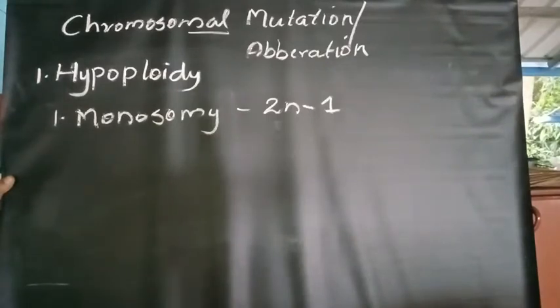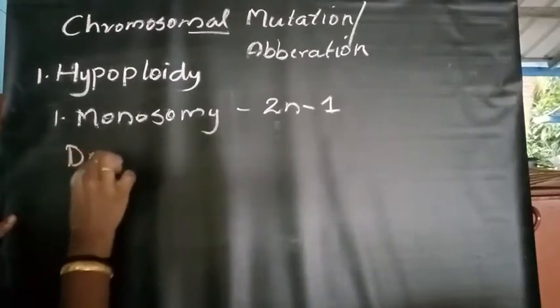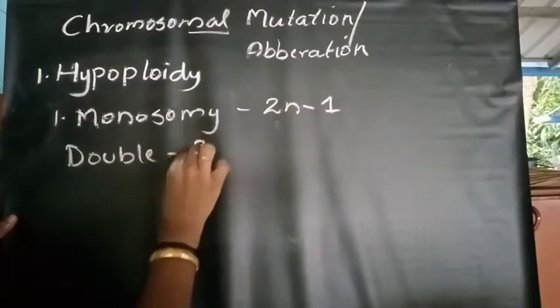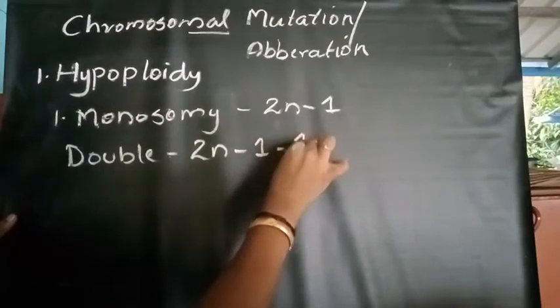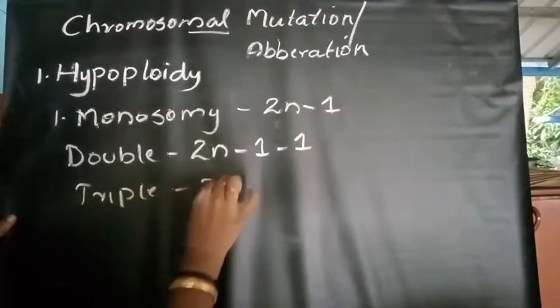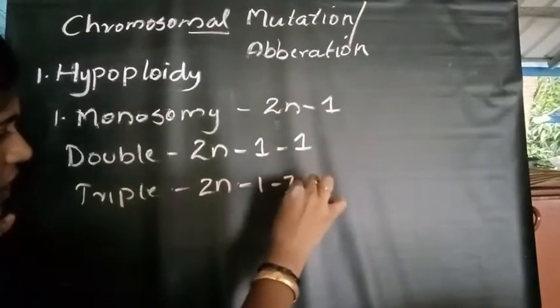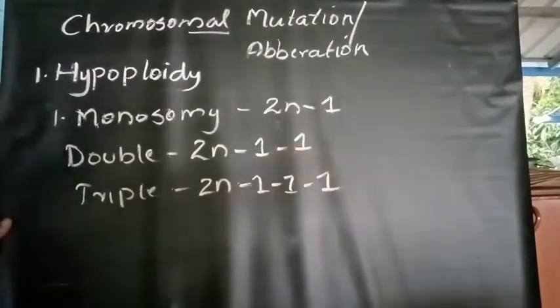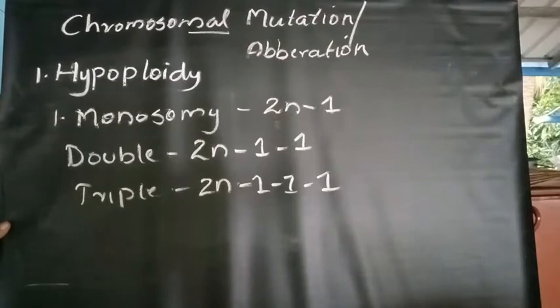However, loss of two or three individual chromosomes can also happen, like double monosomy, 2n-1-1, and triple monosomy, 2n-1-1-1. Just like that, many different types of monosomies can be seen.